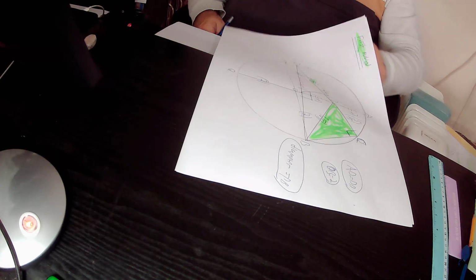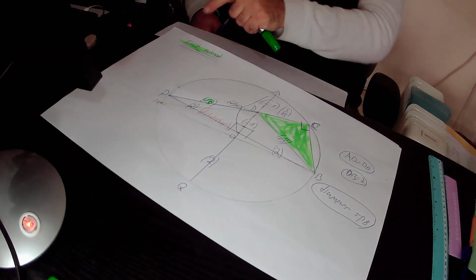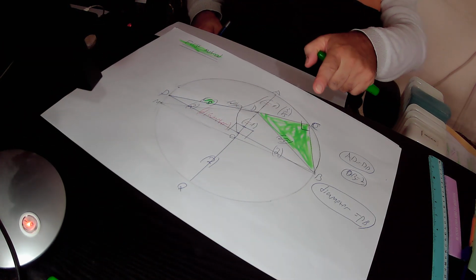So in the next step, we will implement the Pythagorean theorem on this right triangle, DCB.